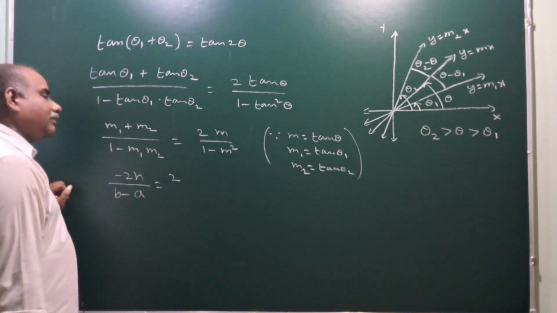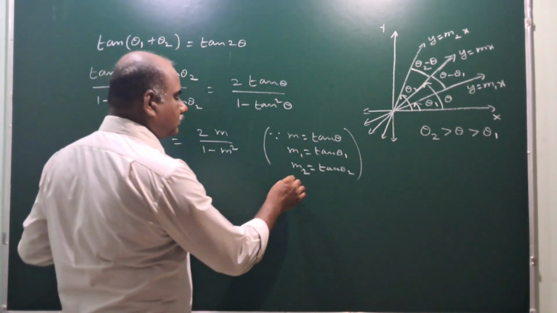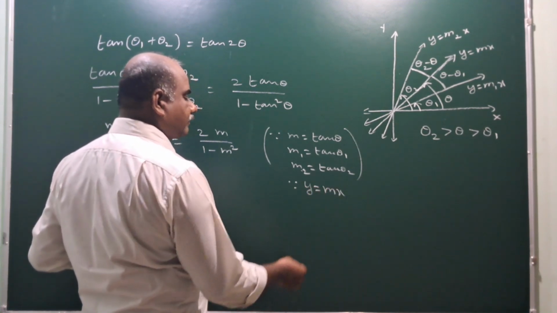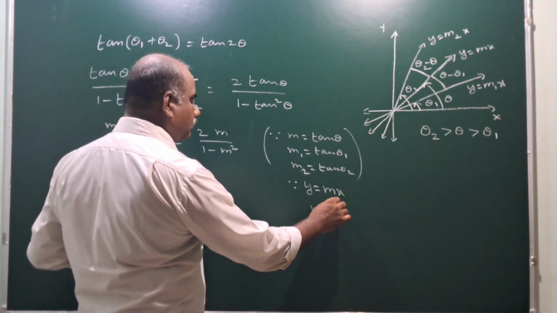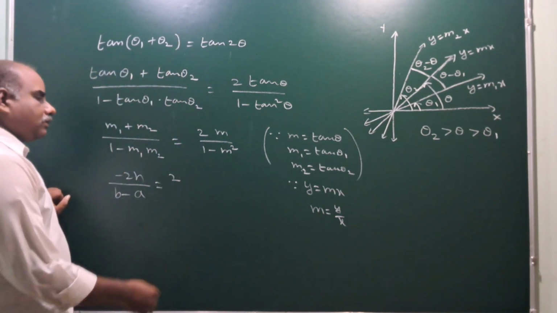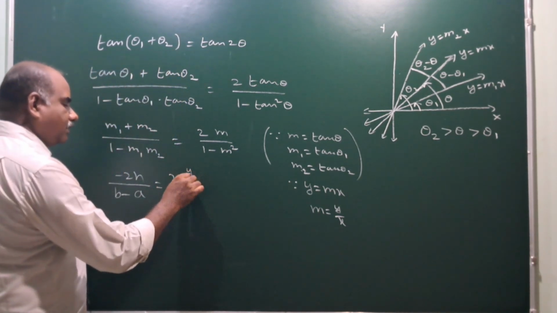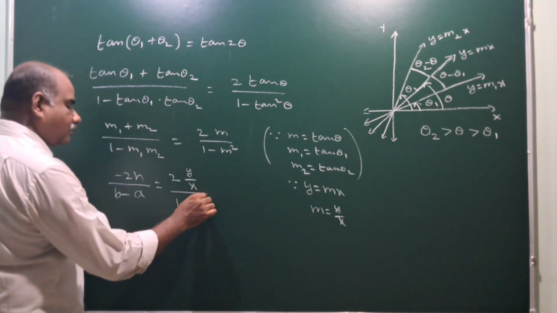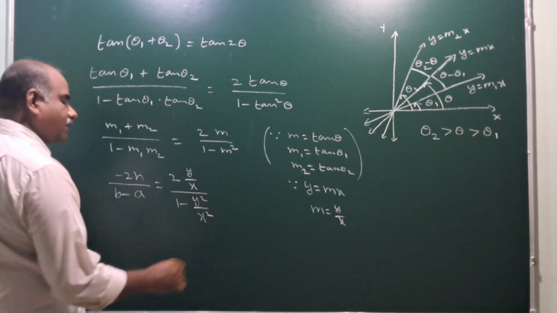So 2 into m. What is the value of m? Since we have the angular bisector y is equal to mx, from this m is equal to y by x. So m means y by x, whole by 1 minus m square, that means y square by x square.